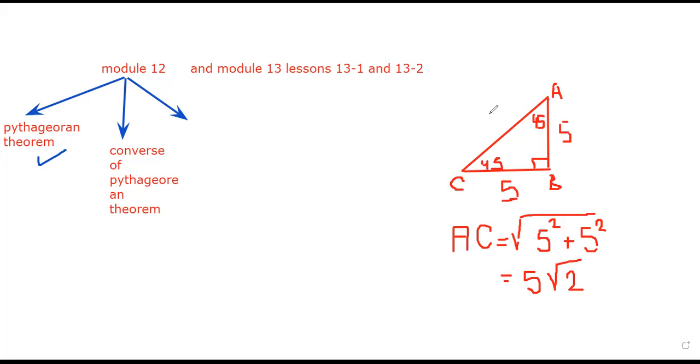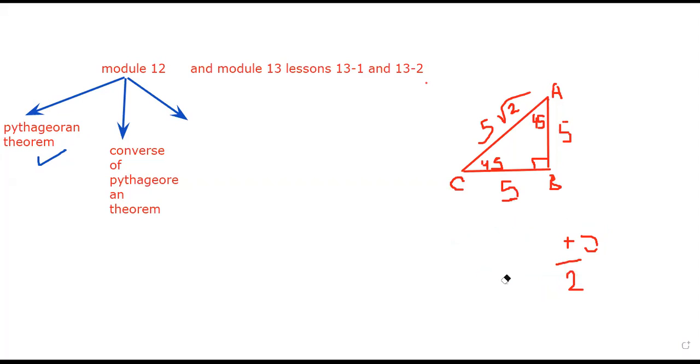If I want to find the perimeter for any triangle, what do we have to do? If I have this triangle now and this one is 5 root 2, if I want to calculate the perimeter for this triangle, grade 8, what do we have to do? Base multiply height?